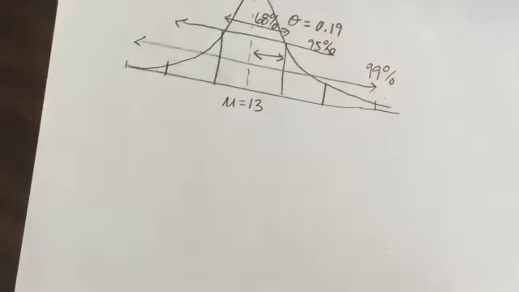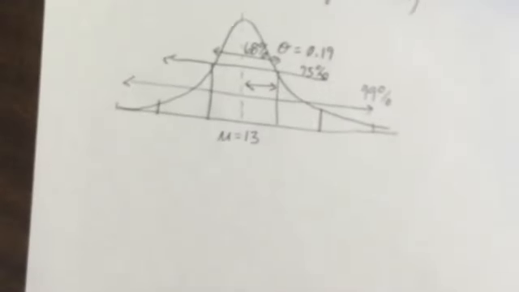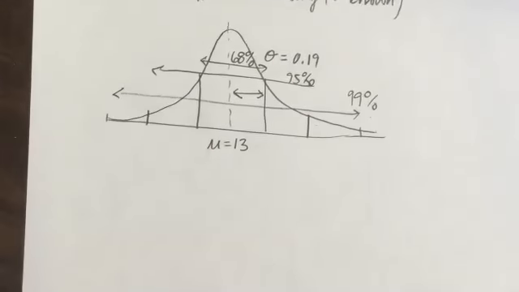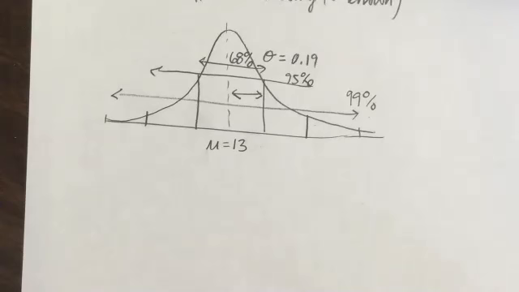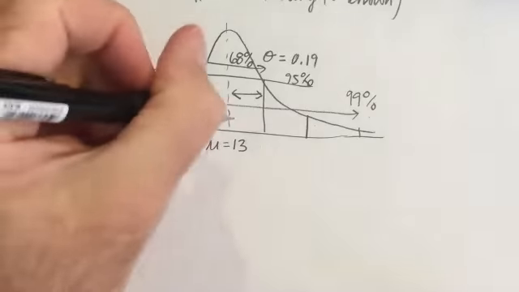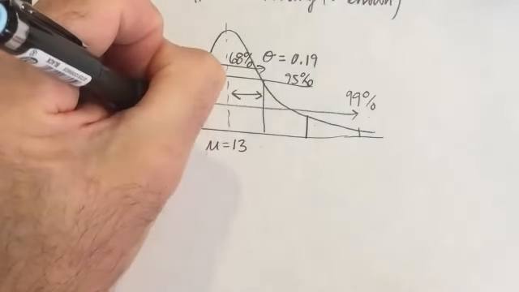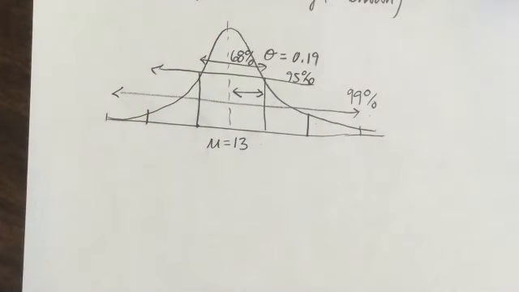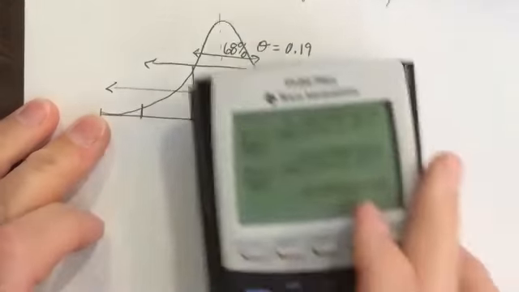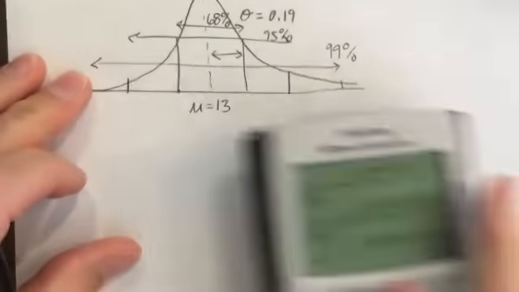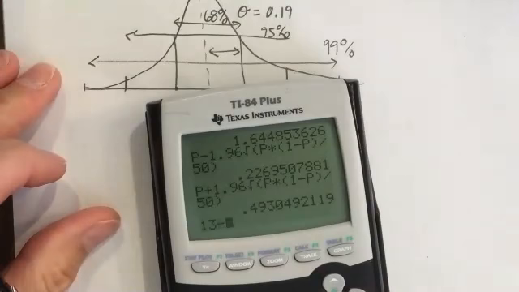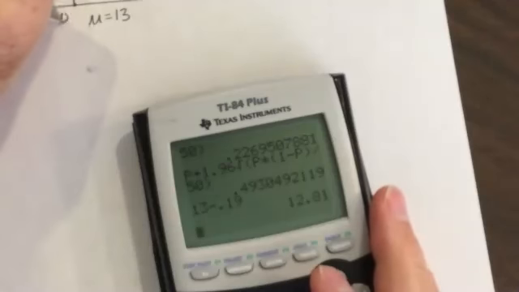It comes down to how weird 12.9 would be. Let me get my calculator so we can do some exact numbers. If you have an average of 13 and you take away 0.19, then you're down at 12.81.